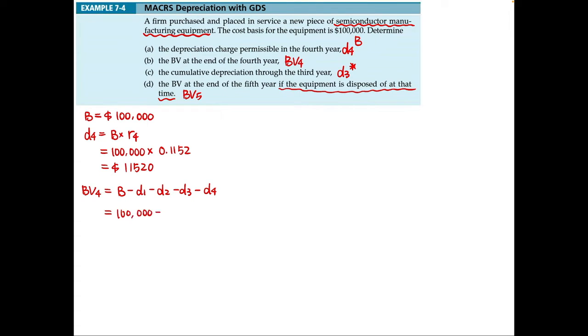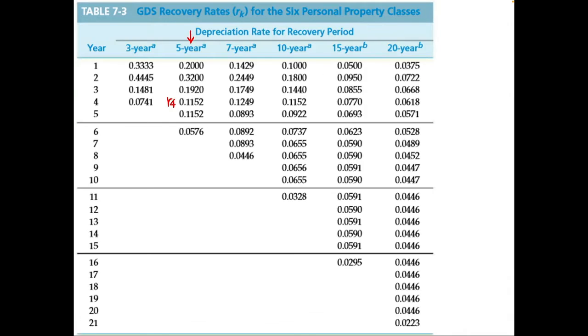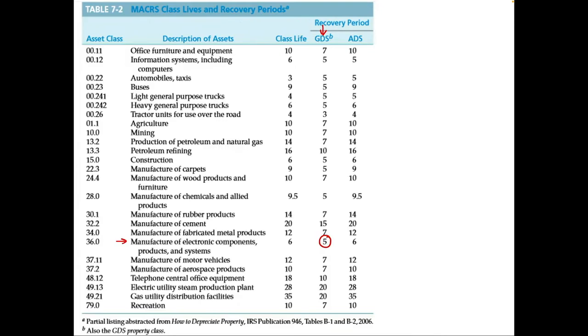What is D1? D1 is B times R1. And D2 is B times R2. D3 is B times R3. D4 is B times R4. Okay, now let's go back to check this table. So R1, R2, R3, and R4. That's all the rates you want to use.